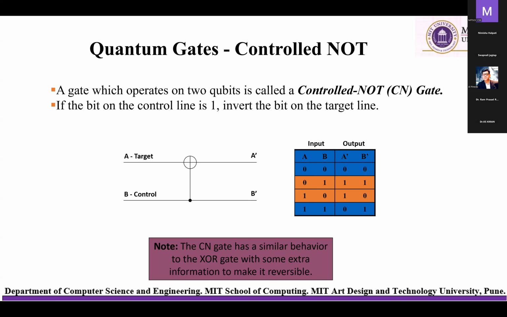If the control qubit B is in the state of 0, the target qubit A remains unchanged. The C-NOT gate functions similarly to the XOR gate, but with some additional information to ensure that it is reversible, which is essential for quantum computation.